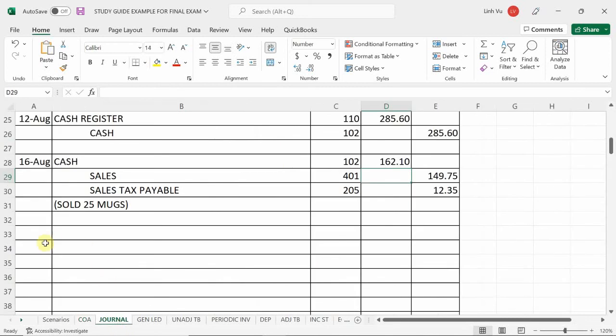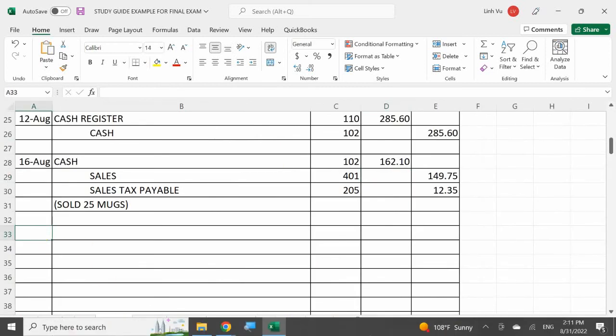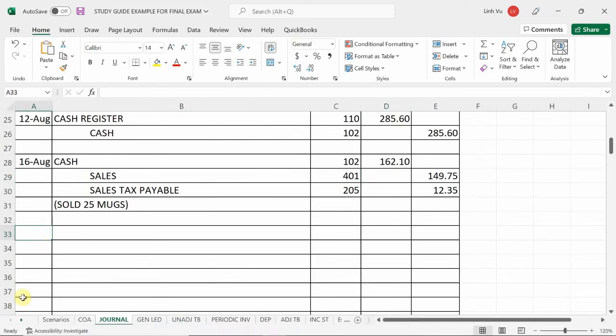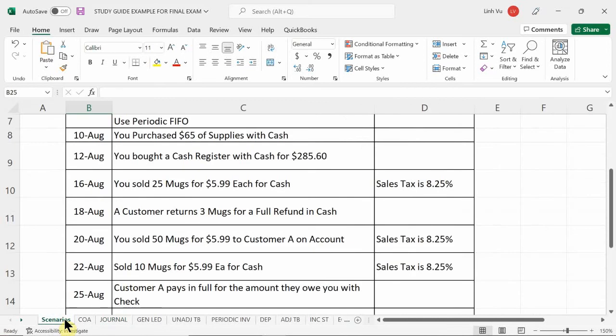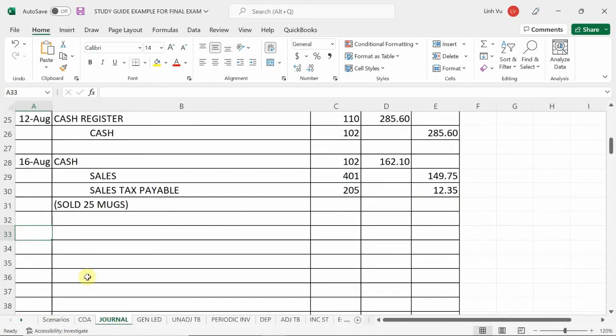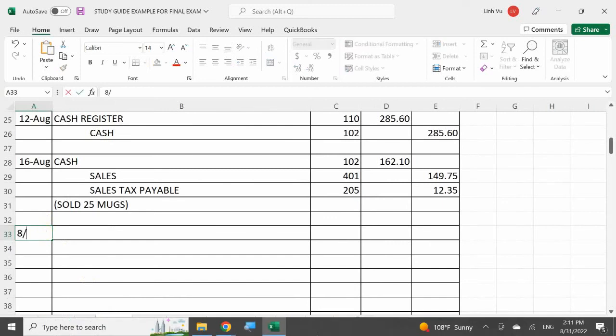Okay. So in this case, I didn't even record the day. I think it was the 18. Yes, the 18. Okay. A customer decides to return, right? So therefore, what comes first? Sales returns and allowances.